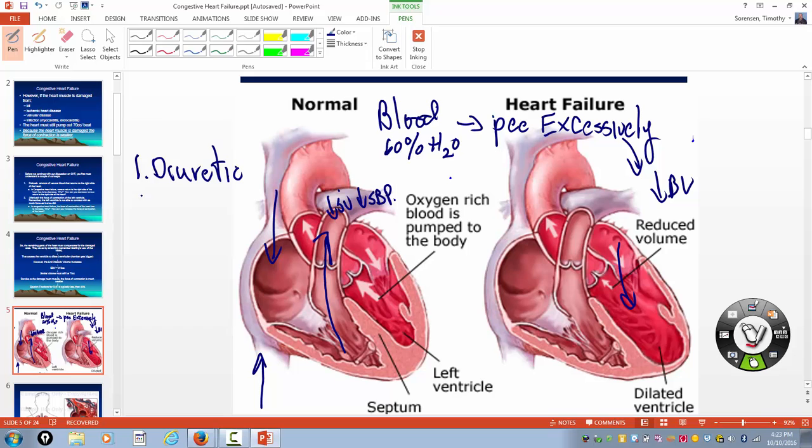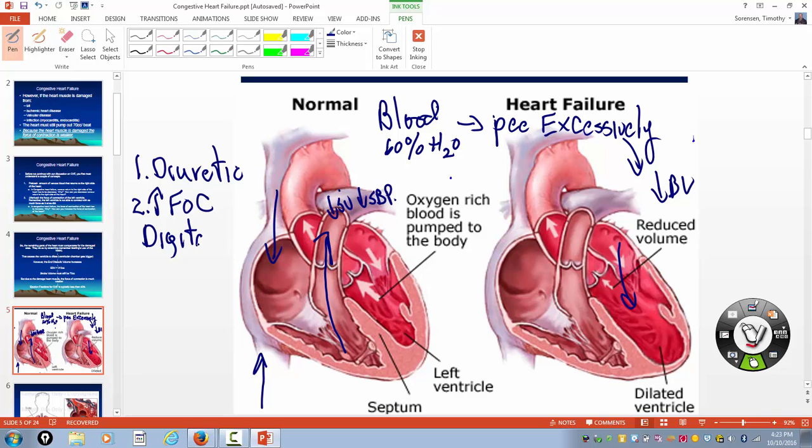The other thing that you want to do, right, is you want to increase the force of contraction of the left ventricle. And one of the drugs that does that is called digitalis. And there is a video that I put together for you guys because I like you guys, as far as you know.